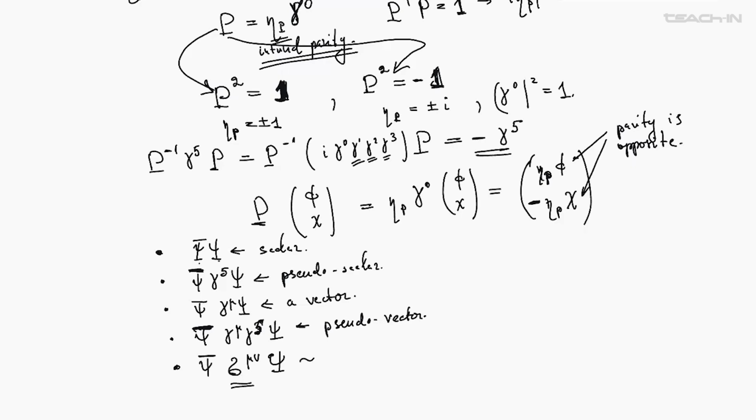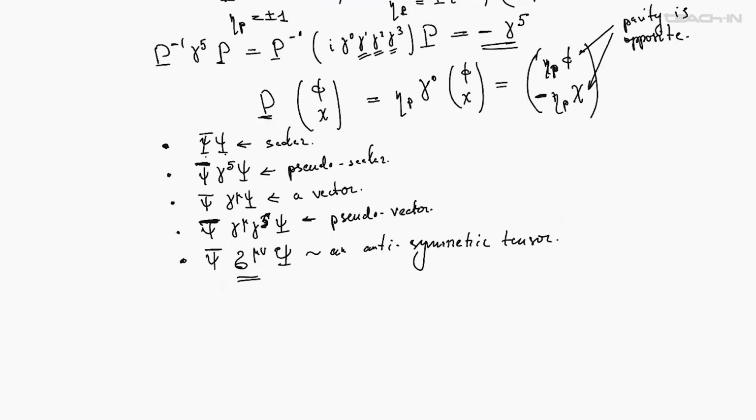So here I've used my 16 independent matrices, which I can construct from gamma matrices, to build up the corresponding bilinear combinations of spinors. Knowing how spinors transform under parity and Lorentz transformations, you can see the classification of the corresponding bilinear combinations in terms of their transformation properties.